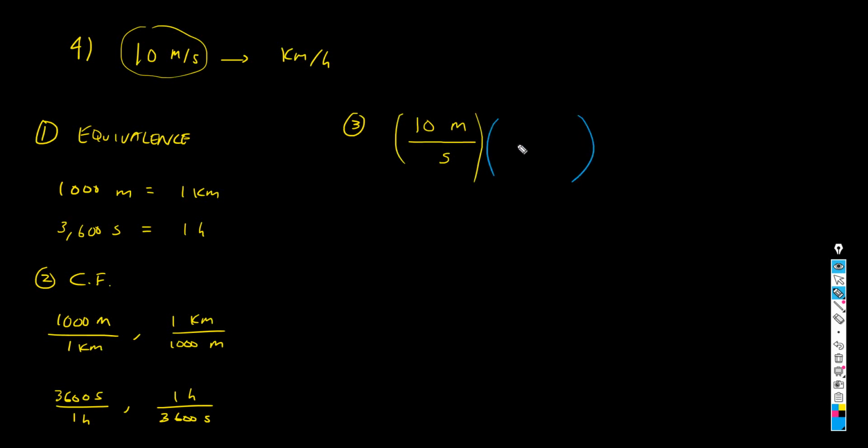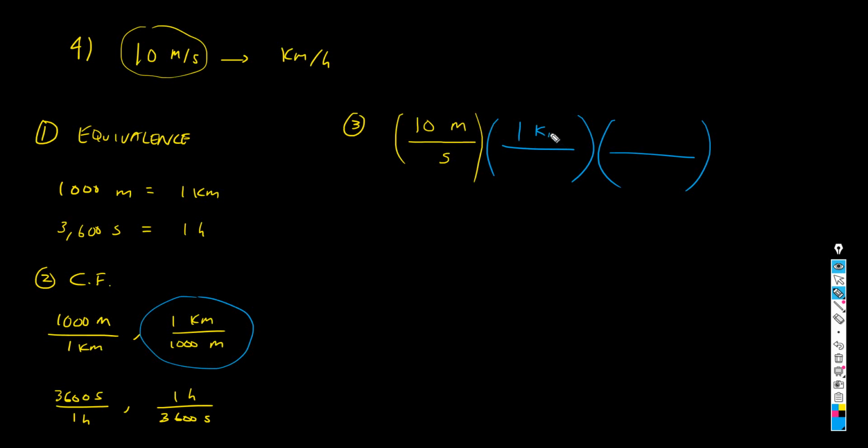That's what you're gonna do, and you're gonna multiply it by conversion factors. So I need to multiply by 2 conversion factors. Why? Because one of these will cancel the meters and the other will cancel the seconds. So let's first write down a conversion factor here that deals with the meters. Which one should I choose? It's gonna be this one because it has meters below, and in here meters is on top.